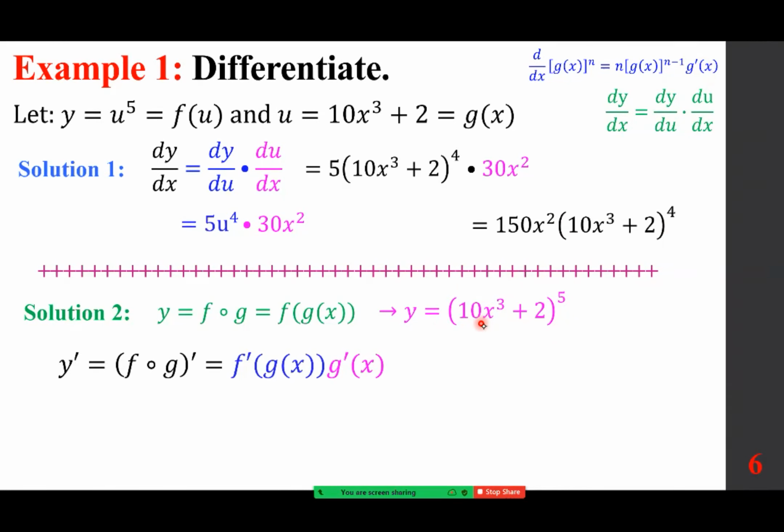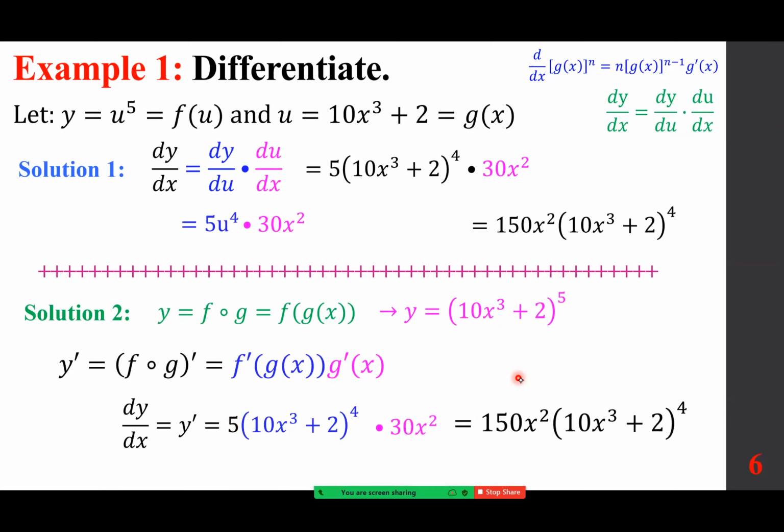So 5 sits in front. We write the same thing to the power of 4. And now we need g prime of x, which is 30x squared, the derivative of the inside. And of course, we combine these two, we put them in front: 5 times 30x squared comes in front. And as you can see, it's exactly the same answer as we had here. Two different methods, and we are fine.